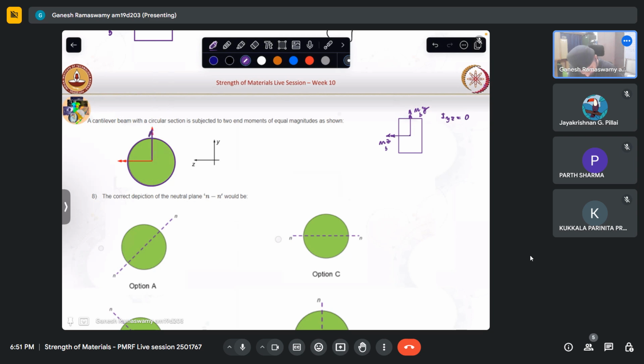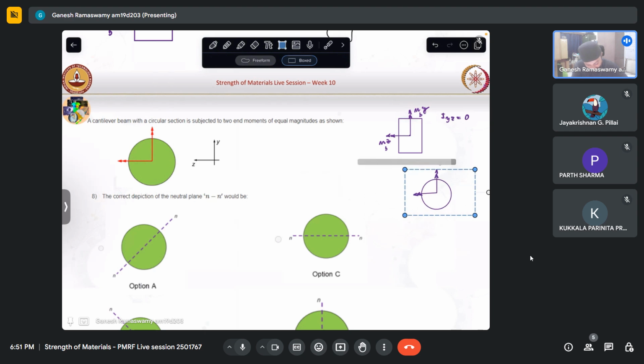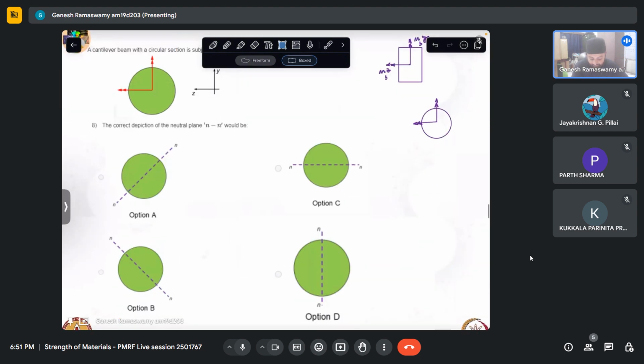I have the moments acting like that, and the question asks the correct depiction of the neutral plane, neutral axis, wherever my normal stress because of the bending goes to zero is what is asked.